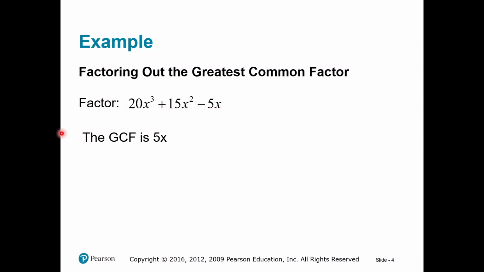And so the GCF is then 5x. Again, 5 divided into 5, 15, and 20 nicely. And the smallest exponent between x squared and x to the third is x.